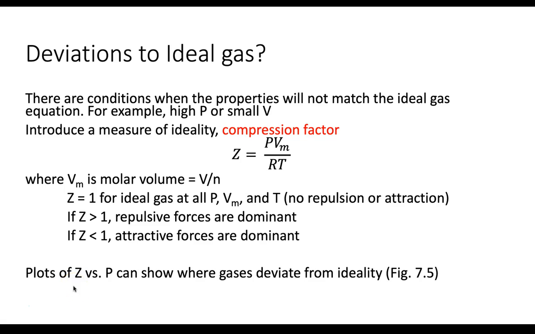But as you increase the pressure or change the pressure, this Z may actually go above or below 1, then you have deviation from ideality. And actually, for the same gas, if you change the pressure, you can switch it from repulsive to attractive forces dominating. So it doesn't really matter in that case. And so that's deviations from ideal gas.